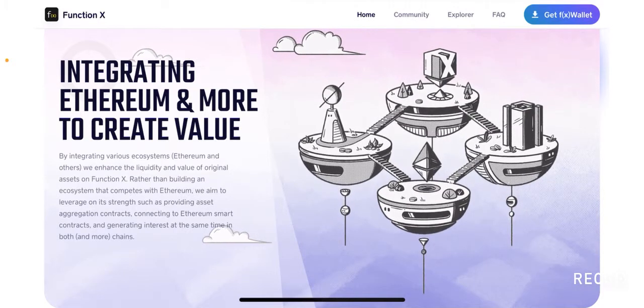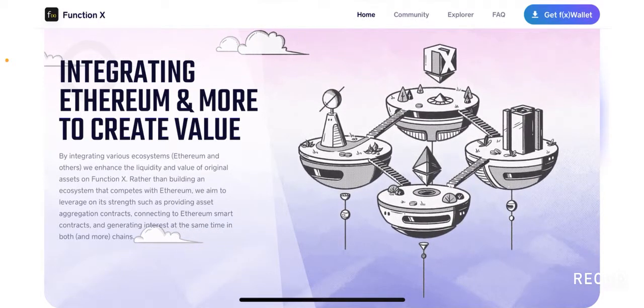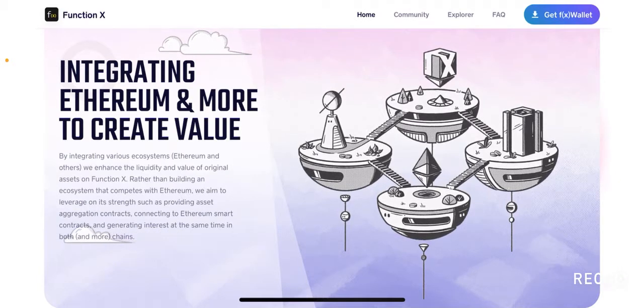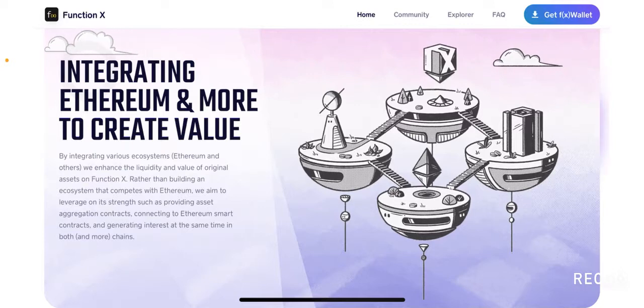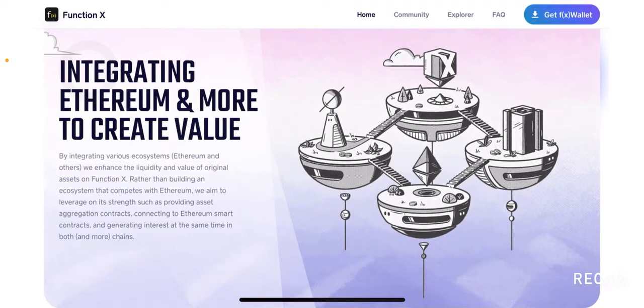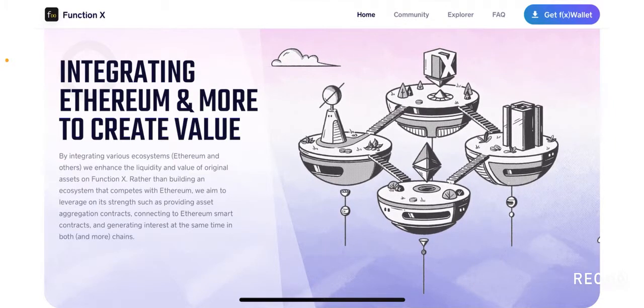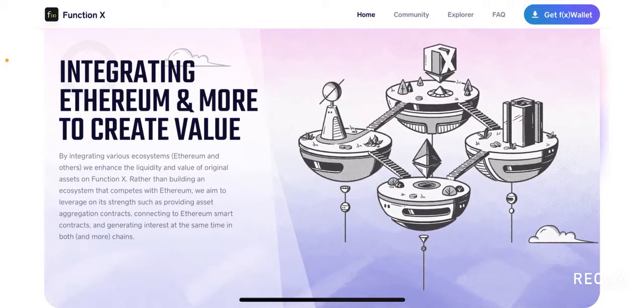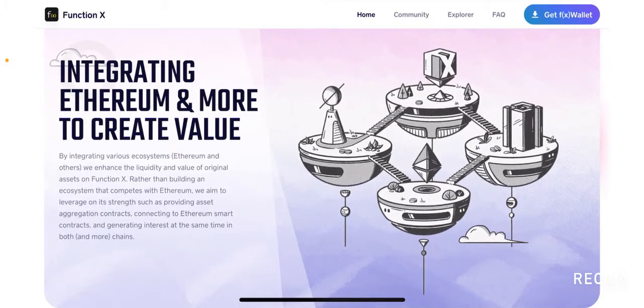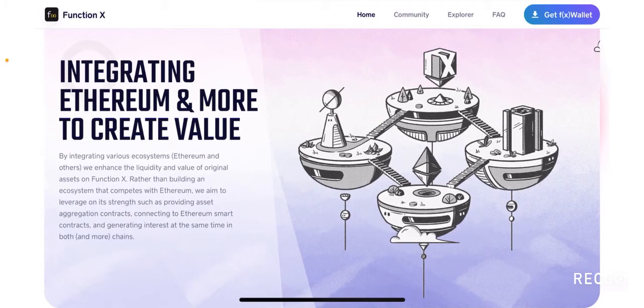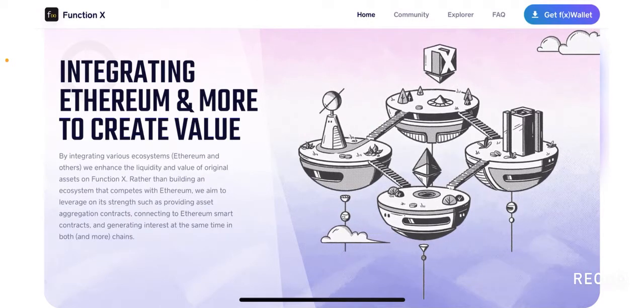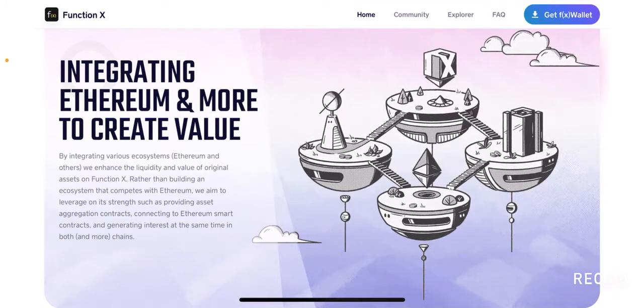And with new upgrades coming to Ethereum pretty soon, it's going to make a huge mark in the future of decentralized finance. And multiple blockchains, instead of trying to call themselves Ethereum killers, are trying to work with Ethereum to make the existing infrastructure much stronger, right? And that's exactly what FunctionX is doing as well.